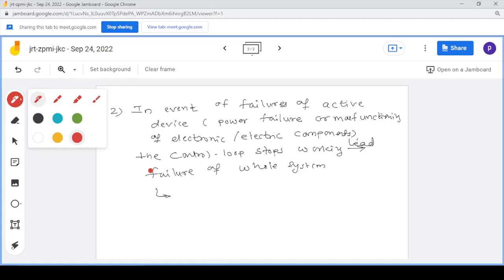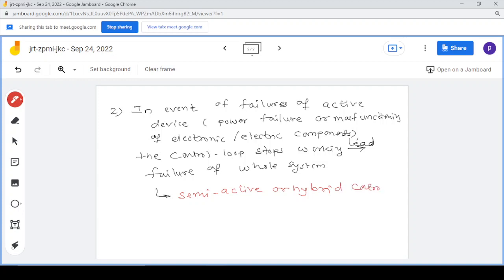We can go for semi-active or hybrid control methods over full active control. Okay, then let us look at the third case.